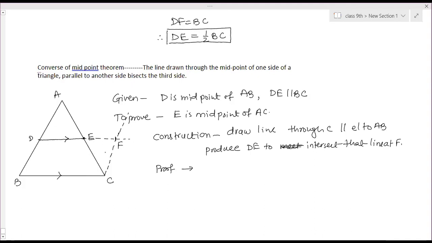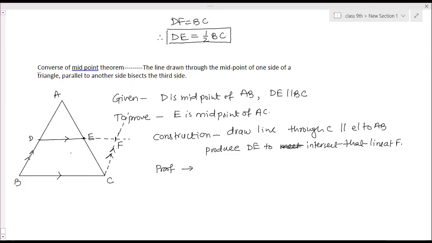First CF is parallel to DB because of the construction, and DE is only produced, so DF is parallel to BC. Therefore DBCF is a parallelogram, right? So therefore DB is equal to CF.